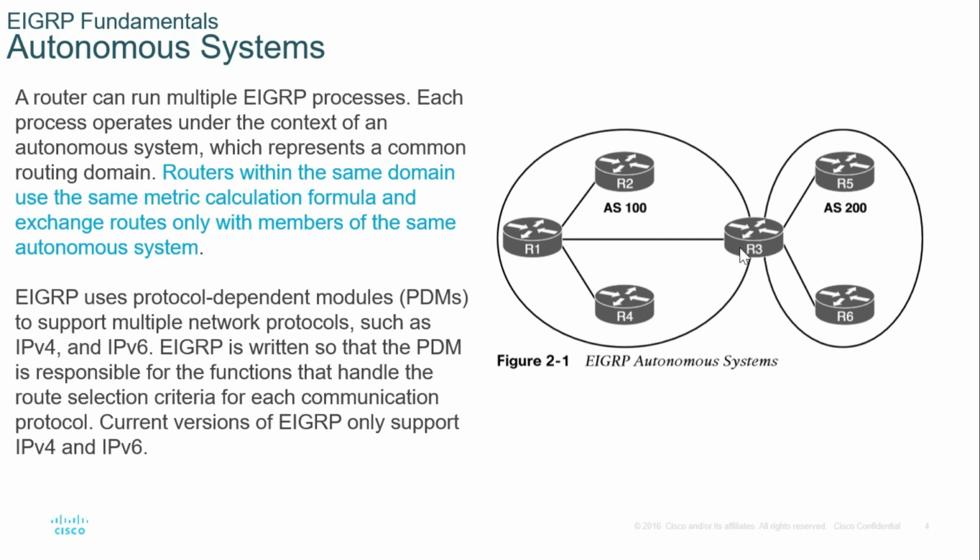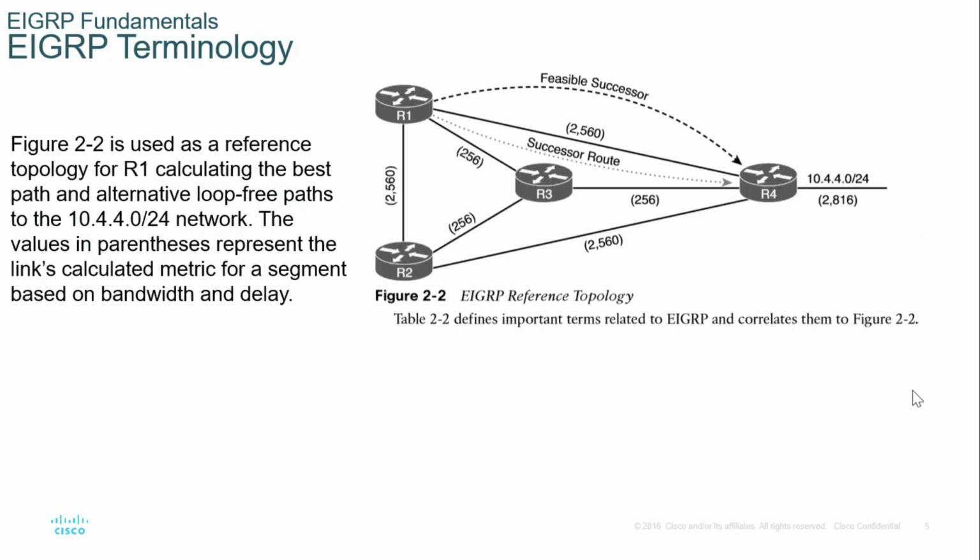So salah satu benda yang characterize sama ada mereka adalah neighbors or not adalah bila dia berada di dalam satu autonomous system yang sama lah. Okay, so mungkin kita akan gunakan this topology sebagai reference topology bila kita nak tengok macam mana EIGRP behave.